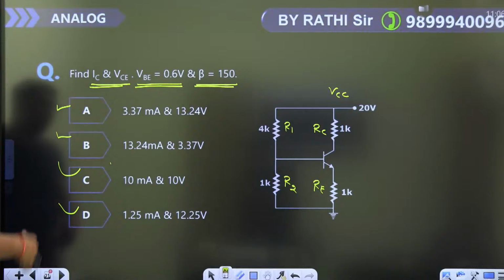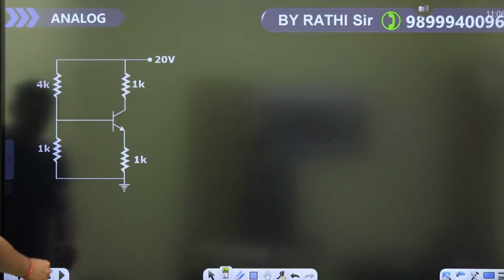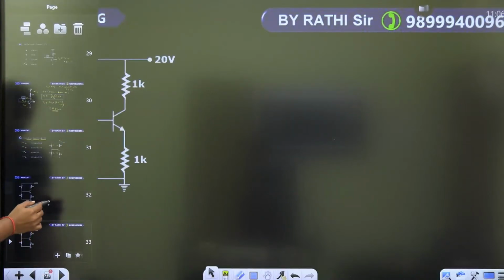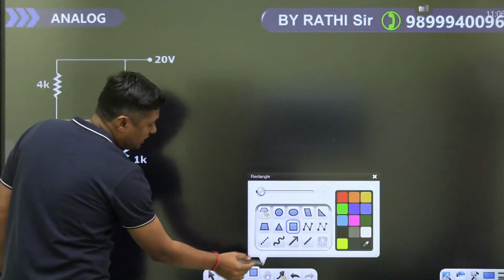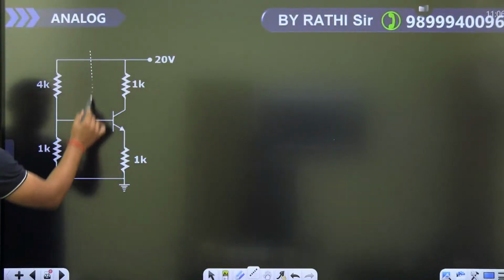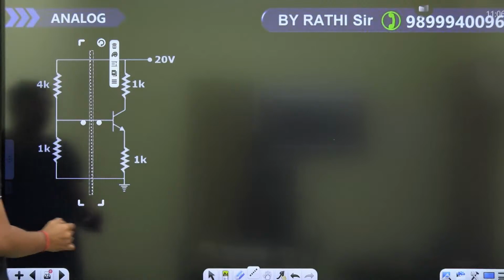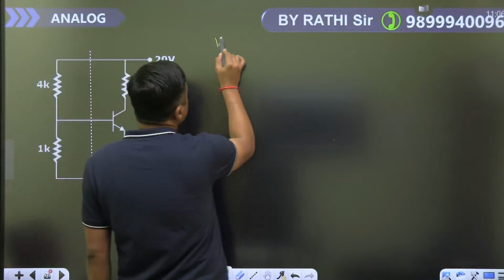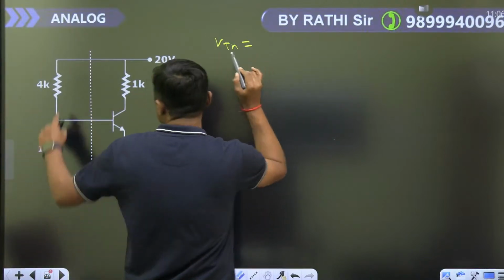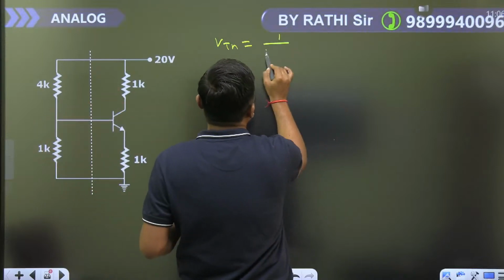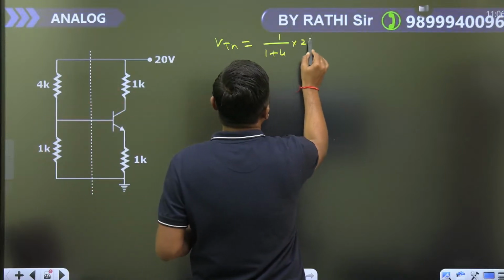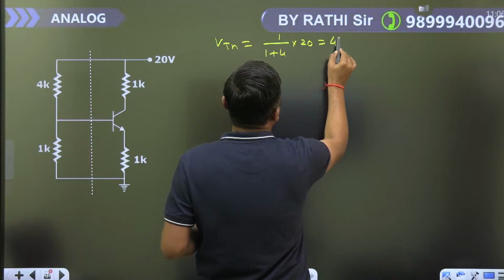To find the value of IC and VC, apply Thevenin's theorem. Then find the VTH. VTH is R2 upon R1 plus R2 into VCC, 20 volt. That is 4 volt.